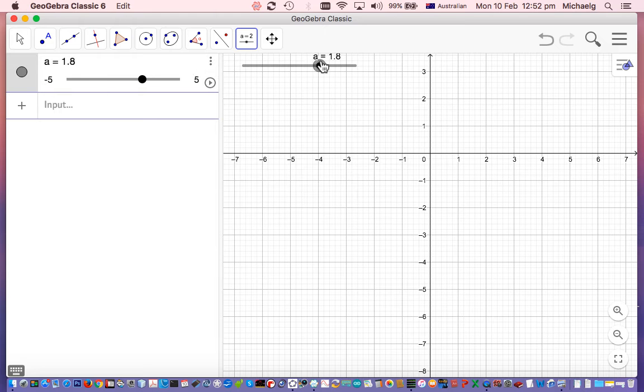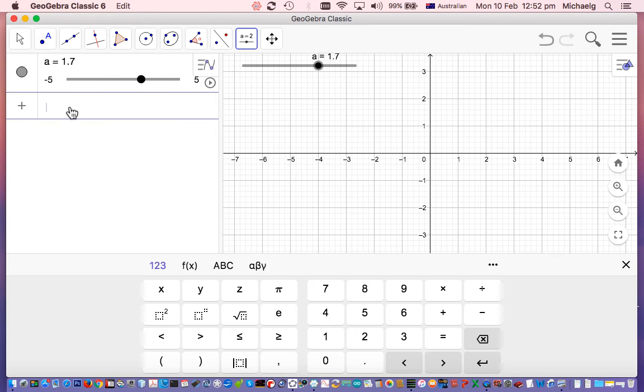As I slide this backwards and forwards, the number varies. So now in this input here, I'm going to put y equals a times x. Enter.